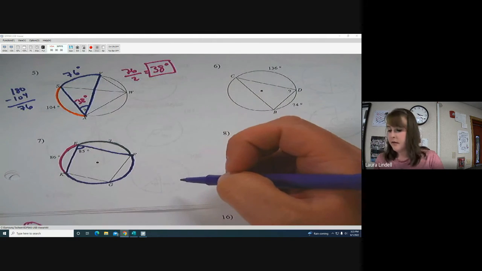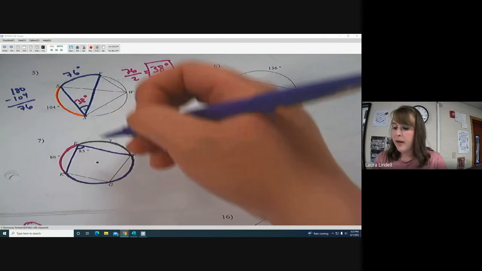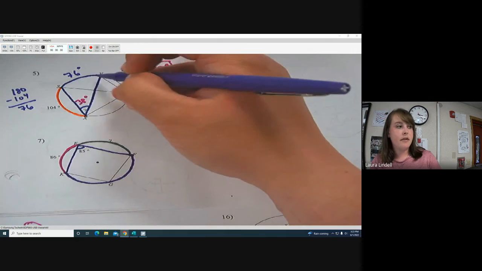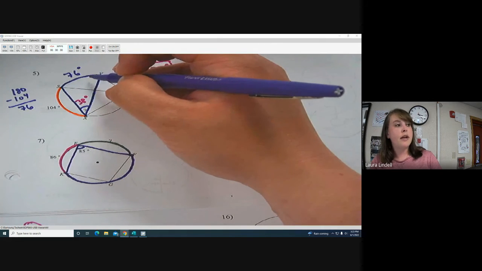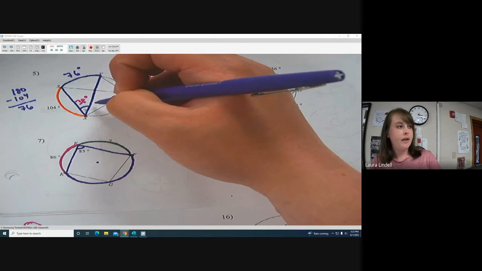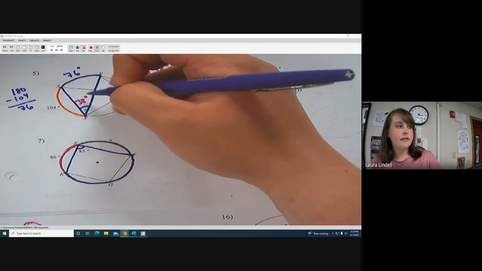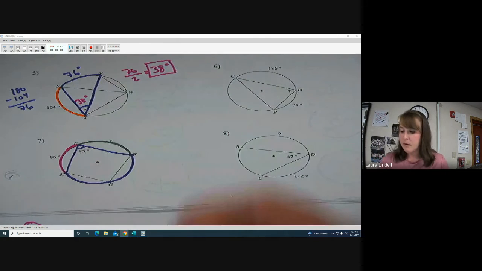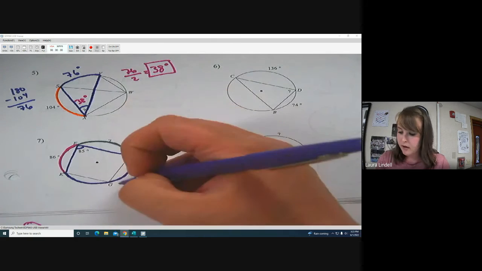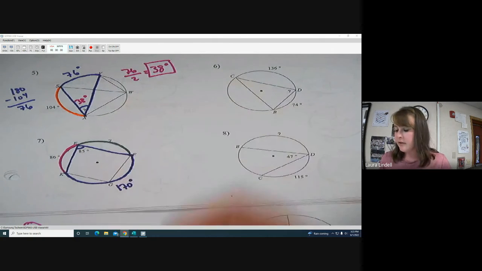In that case, remember we had this relationship up here where this arc measure, the central angle of the arc, is 2 times the measure of the inscribed angle. So we had to divide by 2 to get the inscribed angle. To go the other way, we have to multiply by 2. So we go 85 times 2, which is 170 degrees.